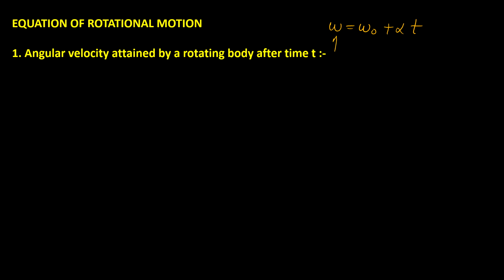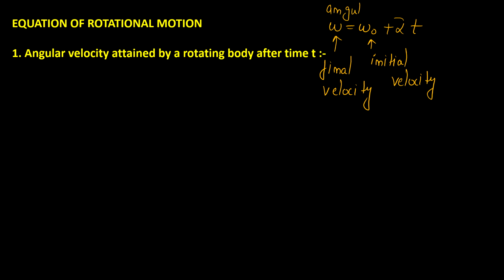Here omega is final velocity, omega naught is initial velocity, and alpha is angular acceleration and t is time. So this is our equation, omega equal to omega naught plus alpha t.